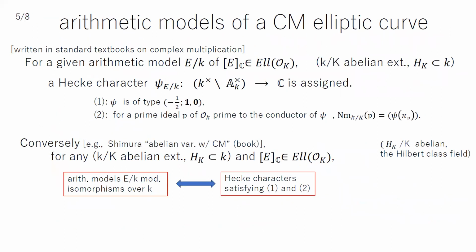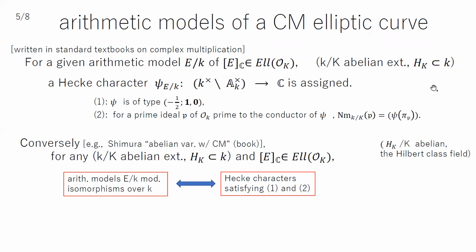And now let me talk about the arithmetic models of those complex elliptic curves with complex multiplications, or CM elliptic curves for short. It is known first that there are arithmetic models of a CM elliptic curve when the field of definition K contains what is called the Hilbert class field.